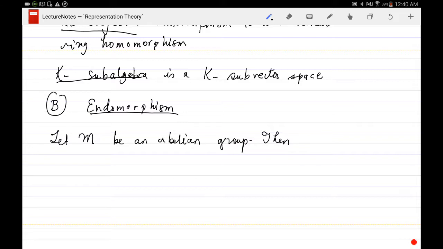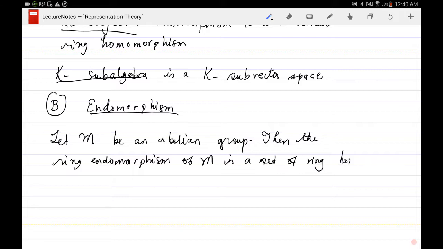Then the ring endomorphism of M is a set of ring homomorphisms from M to M, the set of ring endomorphisms, End(M). Okay.